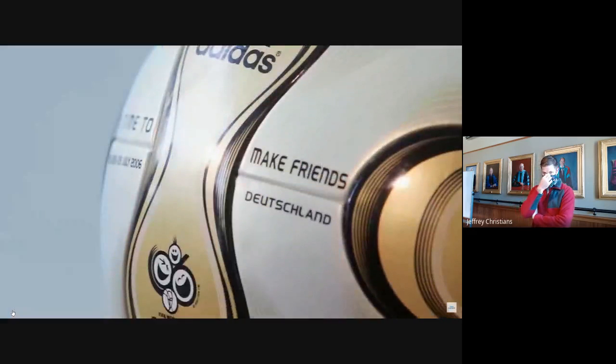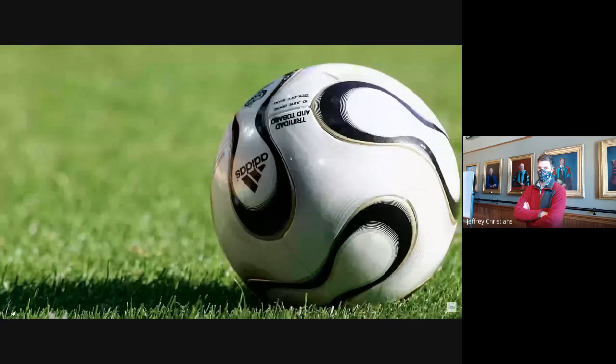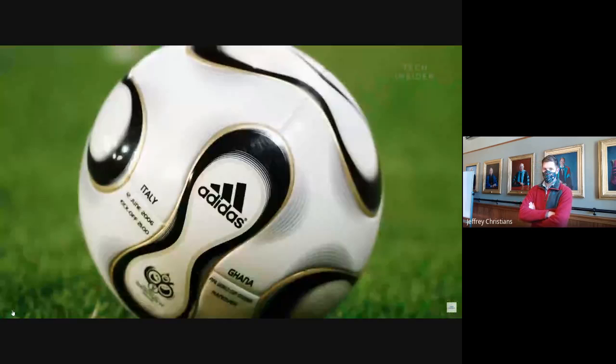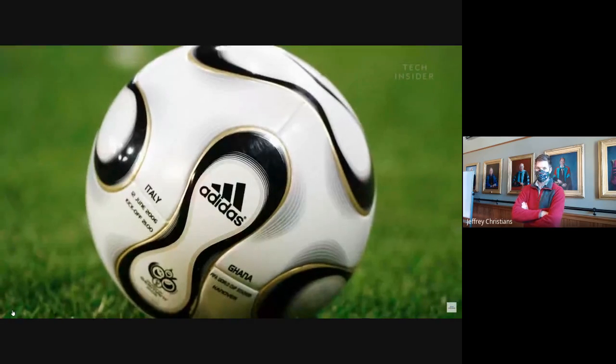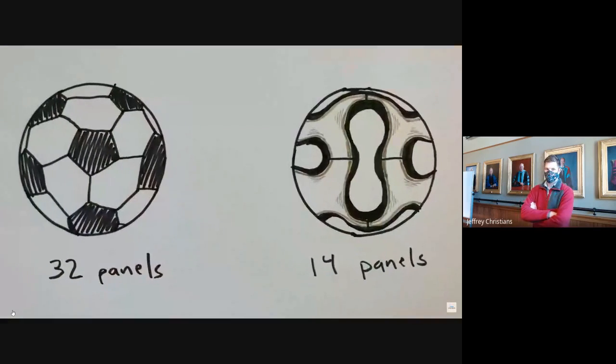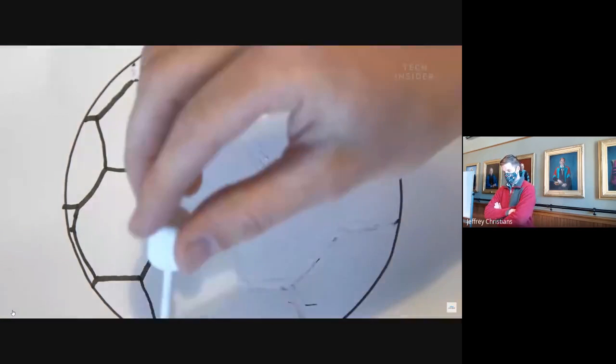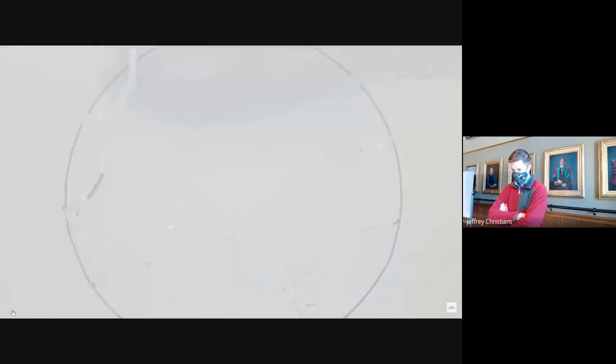It started in 2006 in Germany with the Teamgeist ball. There were more creative ways to make an approximation to a sphere. New technology enabled Adidas to start designing the balls with fewer panels, which actually created a serious problem, because fewer panels means fewer seams and, more importantly, a smoother surface. If the ball gets too smooth, the air resistance for certain speeds goes up.